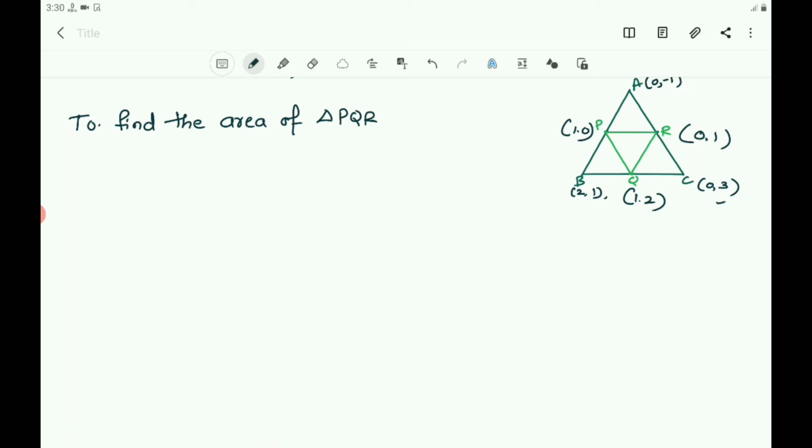Now you get the area of the triangle PQR by using the coordinates of the points P, Q, R. So you take P as a vertex with the coordinates 1, 0, Q as a vertex with the coordinates 1, 2, and R as a vertex with the coordinates 0, 1. Now you take area of triangle PQR.